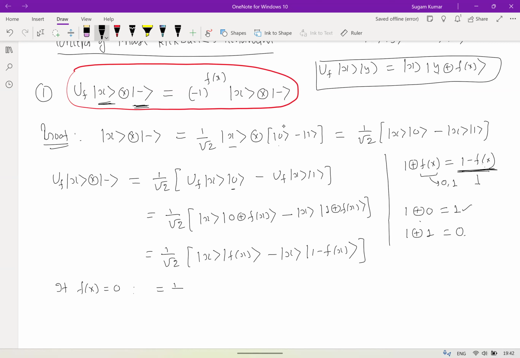I will get 1 by root 2. This will be x, and this is going to become 0, correct? Yes, sir. 0. And minus x, and this is going to become 1, correct?